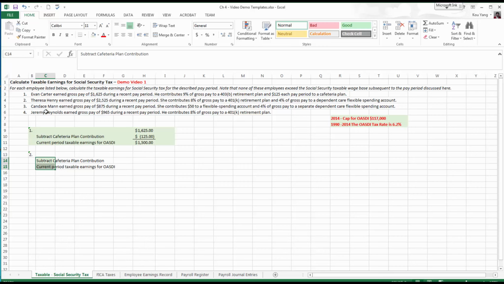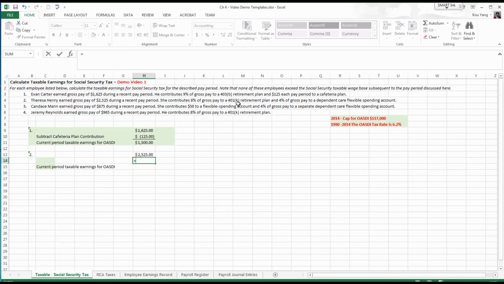All right, for 2, Theresa Henry earned gross pay of $2,525 during a recent pay period. She contributes 8% of gross pay to a 401k retirement plan and 4% of gross pay to a dependent care flexible spending account. Okay. So her gross pay is $2,525.